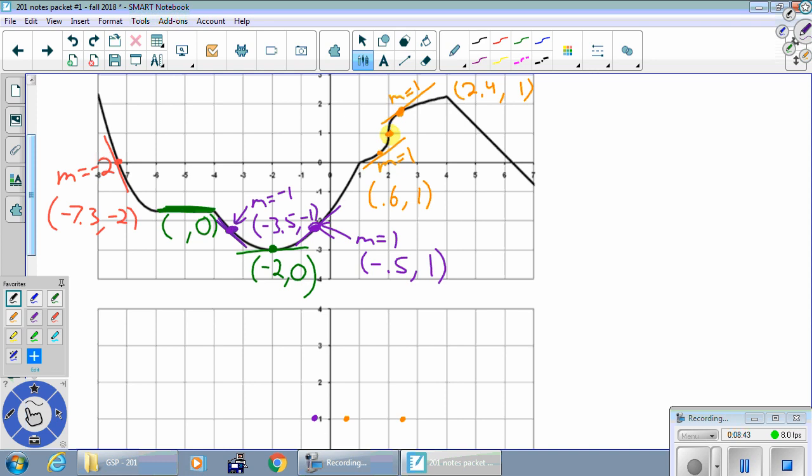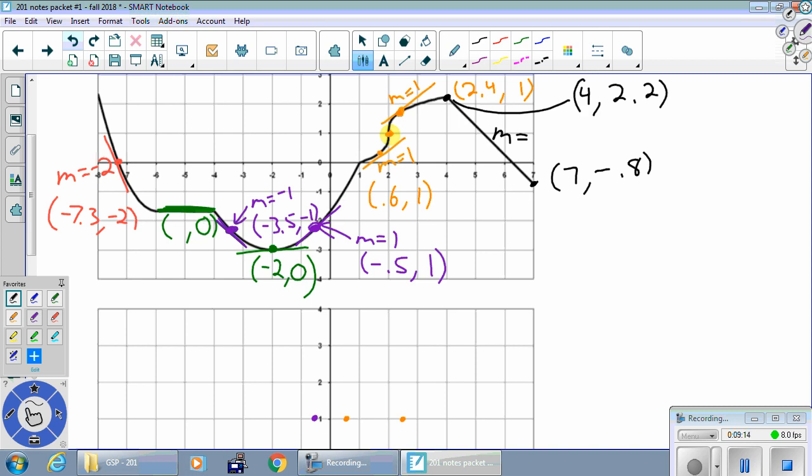Okay, so this last one, we can pick any point that we want here. In fact, this last segment right here is linear, which means that we just need the slope of that line itself. So any point over here has whatever slope it has. I don't see any nice points that I can grab, so I'll just estimate the coordinates of the beginning and the end. So we'll say that this is 7, comma, -0.8. And we'll say this one up here is 4, comma, 2.2.